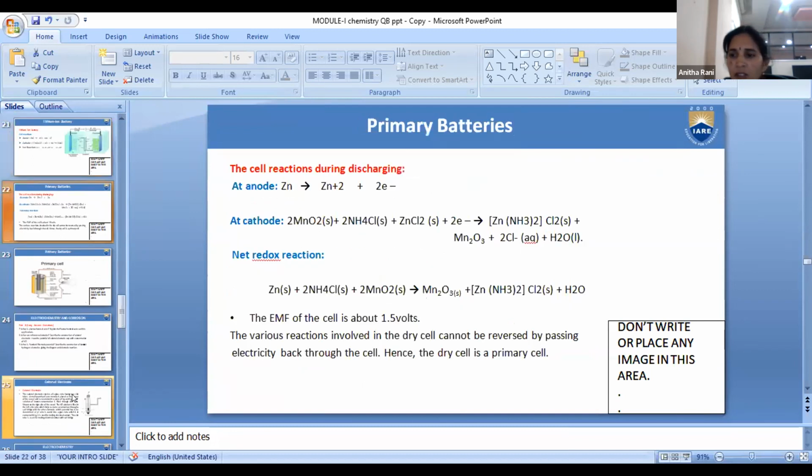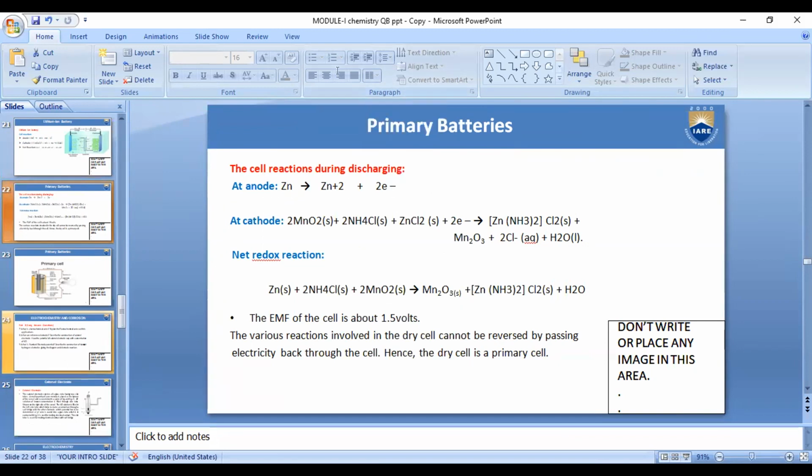Tell me what is the anode, cathode, electrolyte in the dry cell. Anode is zinc.